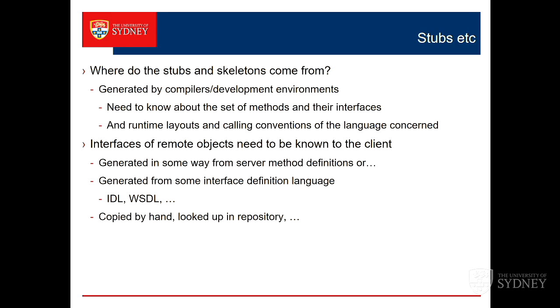And so they just need to know what the code they're calling looks like, what its interfaces are, and the calling conventions, how to actually physically do things, how to do the network, what the runtime conventions are for the programming languages involved. And we'll generate these magically.